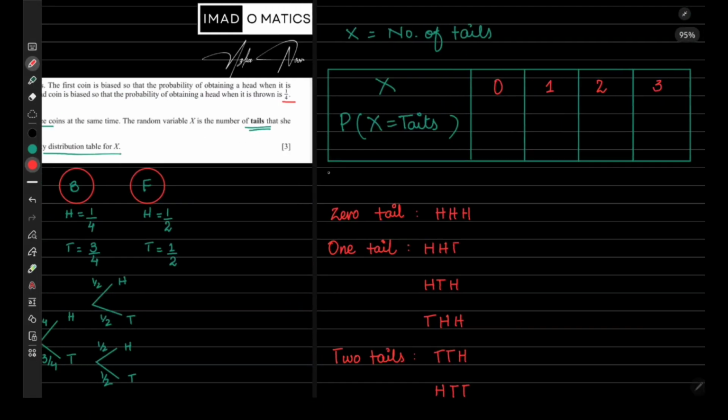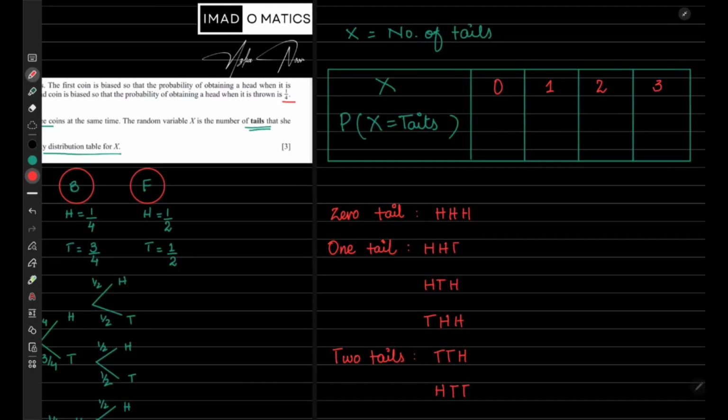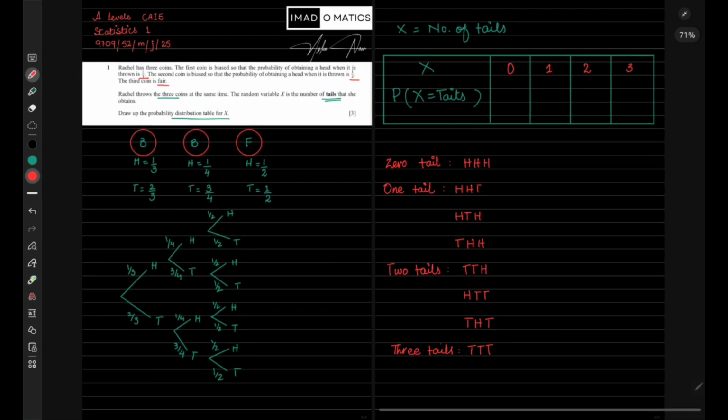So now here we will be writing up their probabilities, and we'll solve them out. Okay, so starting off with head, head, head. This is the branch that tells you head, head, head. And what is the probability for it? The probability is 1/3 times 1/4 times 1/2.